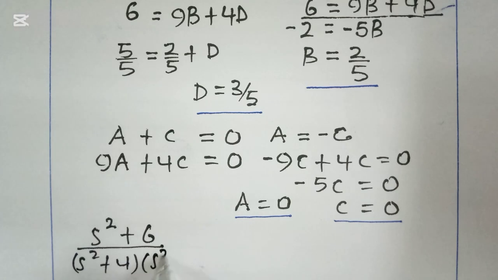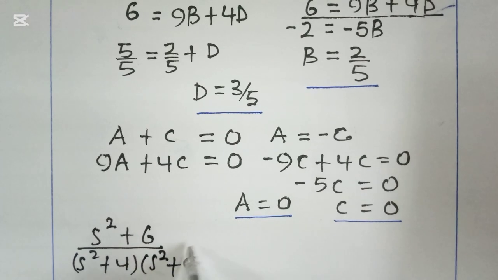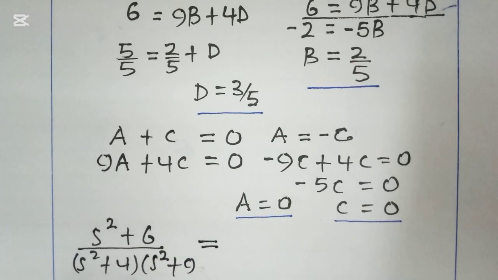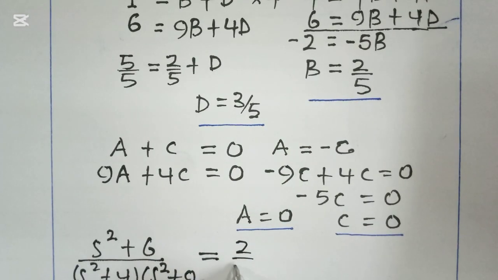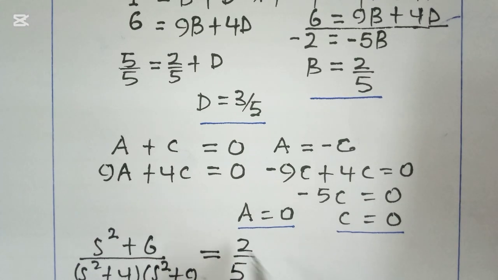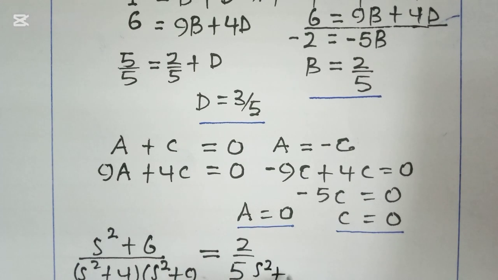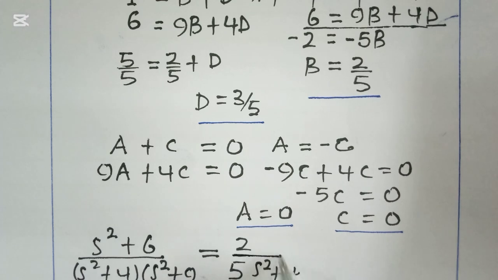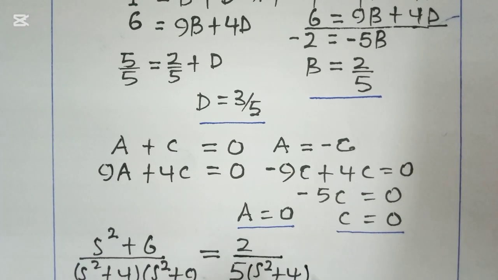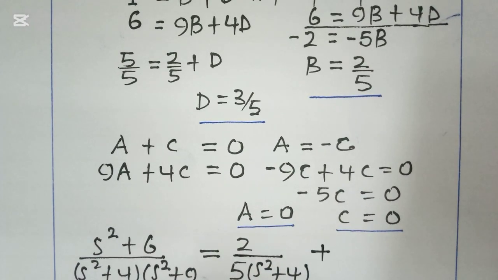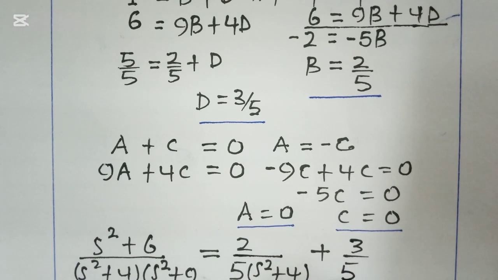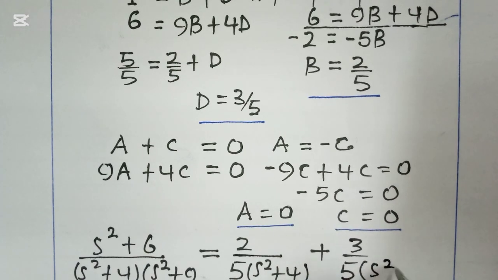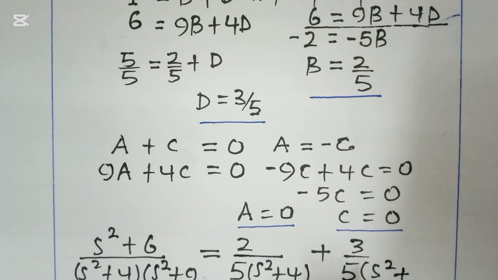s squared plus 9. So guys, when I do partial fractions, I will get b which is 2 over 5, and then s squared plus 4, like that. I can extend that line, plus now I have d which is 3 over 5, 3 all over 5, s squared plus 9.